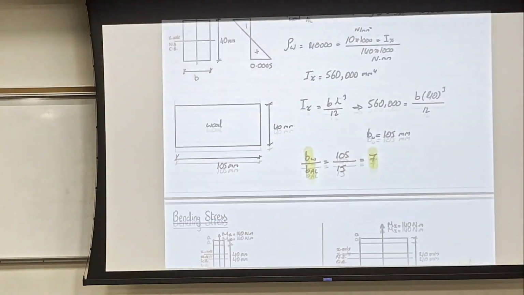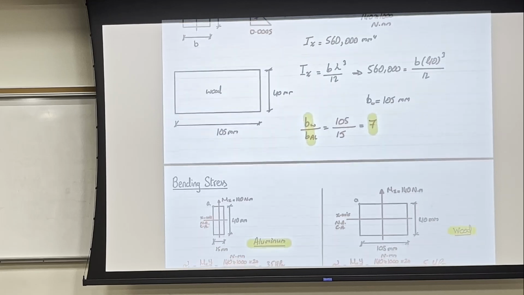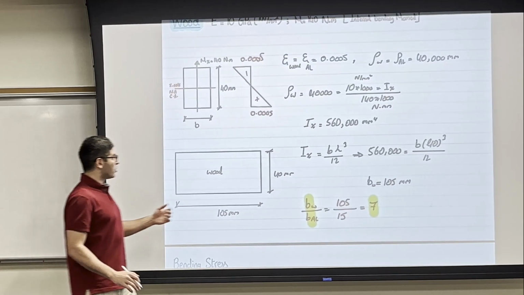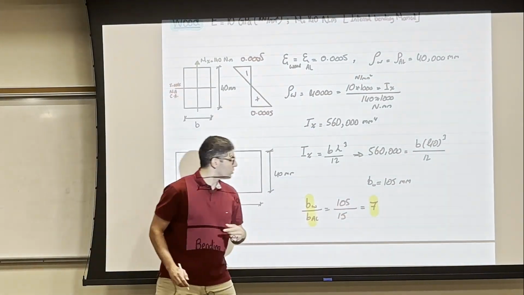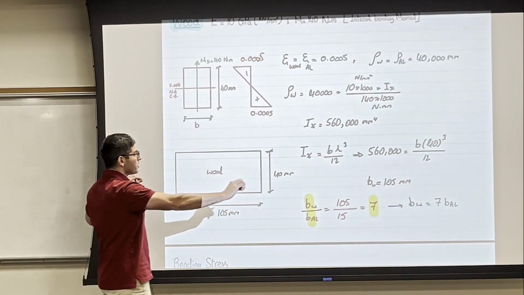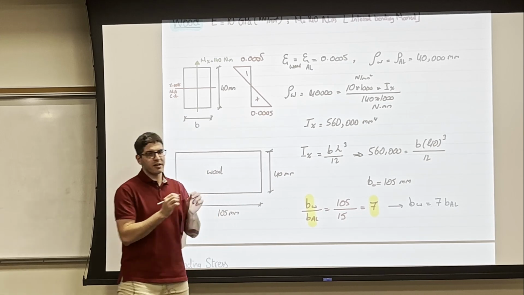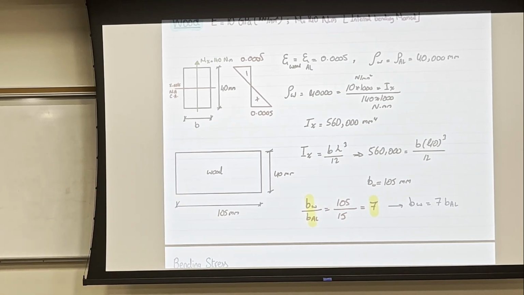So if you remember, for the two beams to be equivalent, b wood was equal to n times b aluminum. So we widen the wood by the factor of the original width of the aluminum. And that's what I'm going to do now. So let me highlight this.